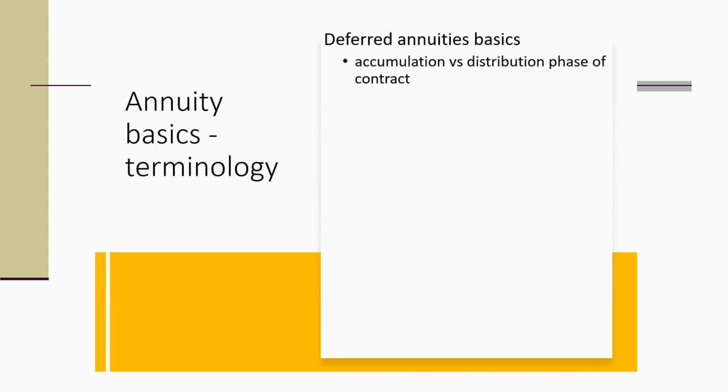When it comes to deferred annuities, you have to remember there are different periods inside of an annuity. One is called the accumulation period, and the other is the distribution phase of the annuity. The accumulation period is the period in which you can take free withdrawals.